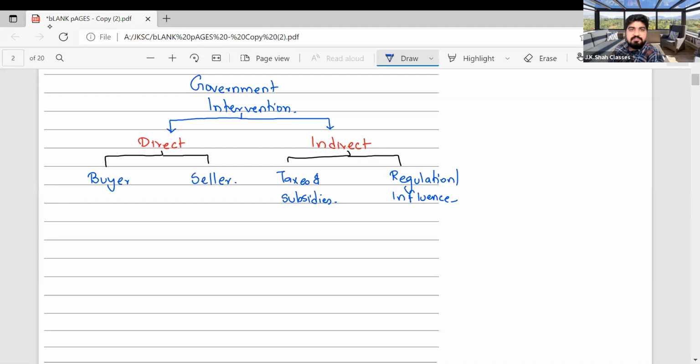If government wants you to buy more of a product, then government will give you subsidies. If government wants this product only for a limited audience, it will put an age limit. That is a regulation. And it will also try to influence our choices by showing various advertisements. So all these things that are done, friends, are either direct or indirect intervention. Are you comfortable with this? Okay, let's go ahead.